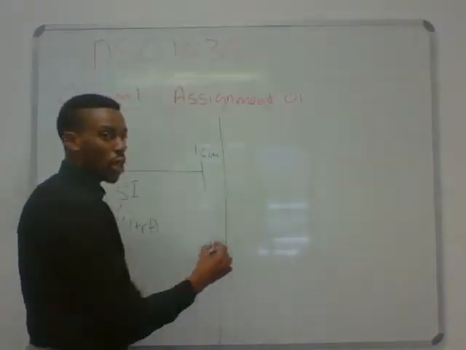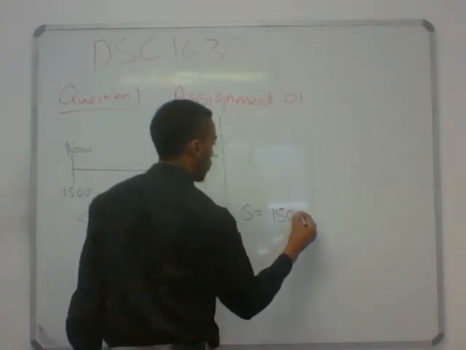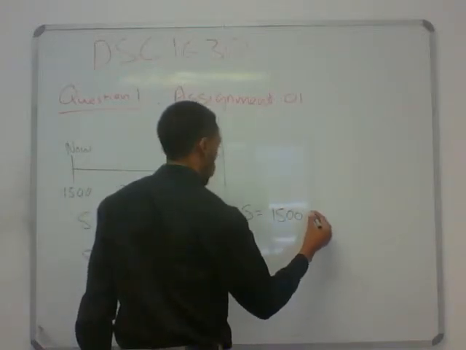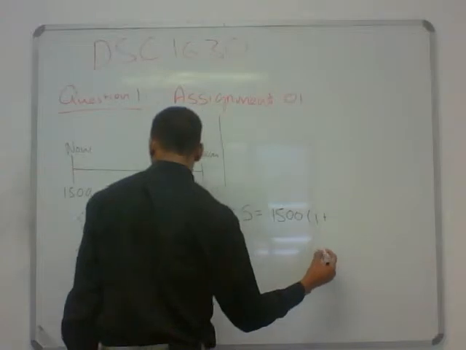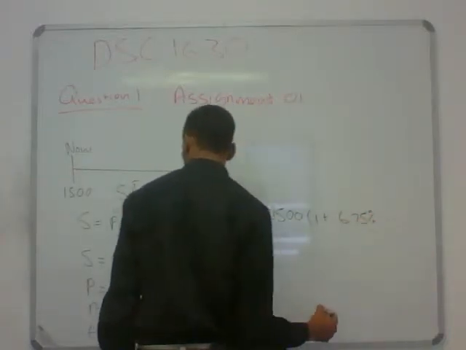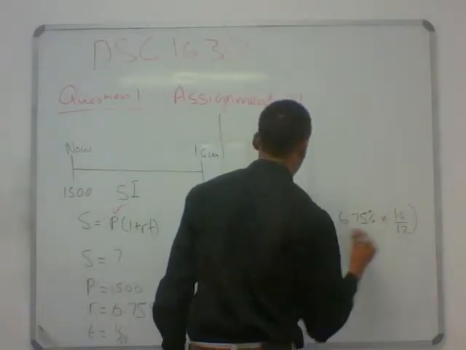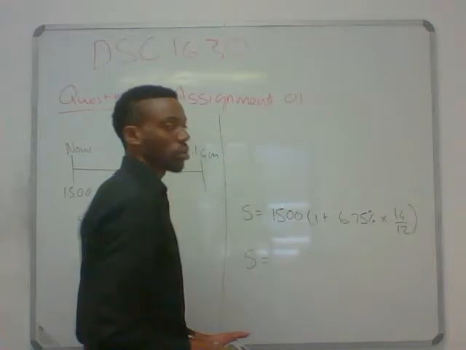So we have S is equal to your P, which is 1,500, open bracket 1 plus your rate, 6.75%, times your time, 16 over 12. So we get S is equal to that.